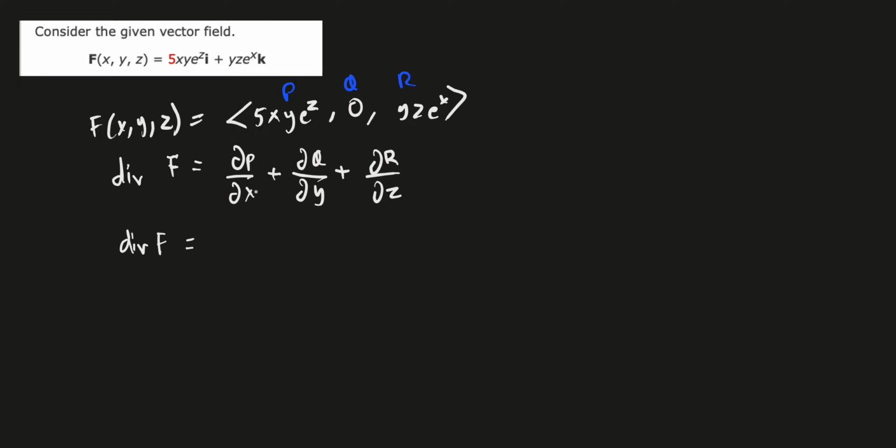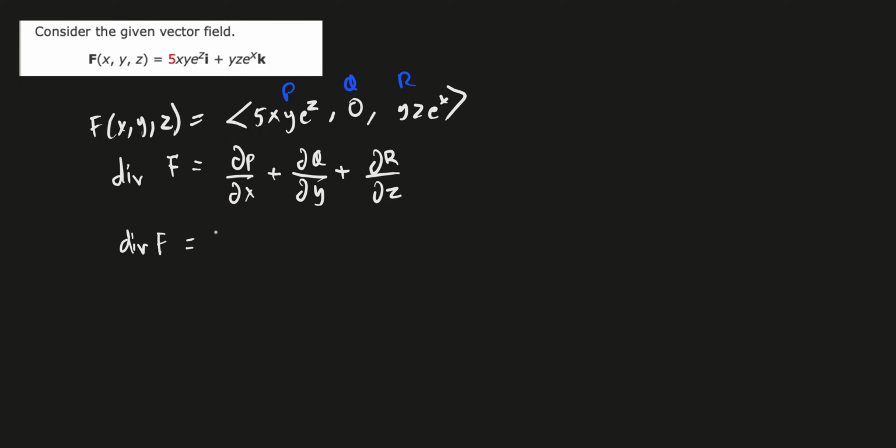Let's find the divergence of our vector field, which is equal to, if you remember how we got the formula in part 1 of this series on divergence and curl, it's basically partial p, partial x, plus partial q, partial y, plus partial r, partial z. And this is p, q, r, respectively. Partial p, partial x is quite simple.